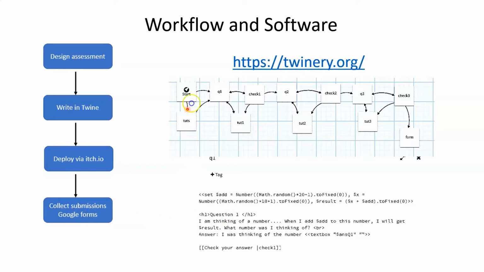Now, I know that people say, oh, this looks rather complicated, and there is an upfront investment, because one has to learn the syntax of Twine. But here is, for example, what question 1 looks like. And as we can see, it's not really very complicated. At the core of the question, there is a random number generator, and there are variables here.